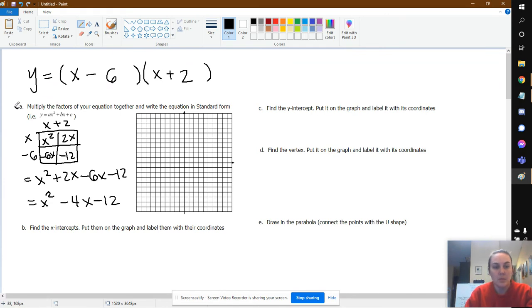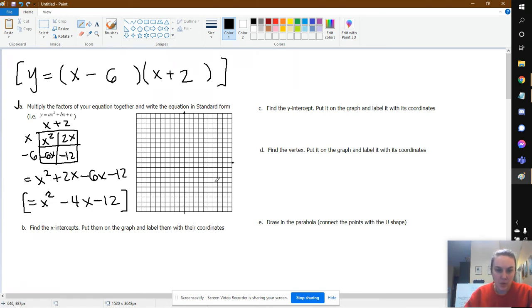Now, thanks to part A, we've got the equation in factored form, and we've got the equation in standard form. So whenever we go through the steps and it says put it in factored form or put it in standard form, we've got it. Okay, find the x-intercepts. Put them on the graph and label them with their coordinates.